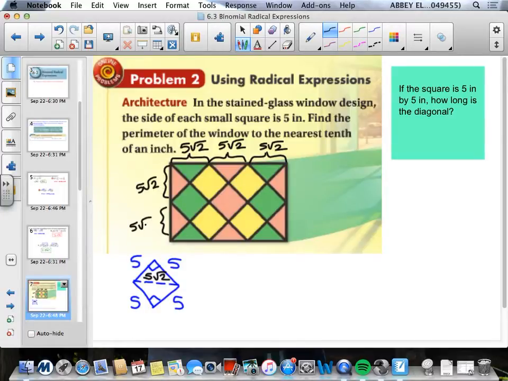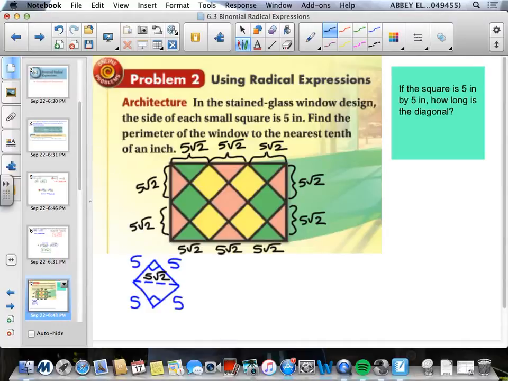So if I'm talking about perimeter, that means I have to add up all the sides in my figure. Okay? Well, how many 5 square roots of 2 do we have in this figure? Let's count them.